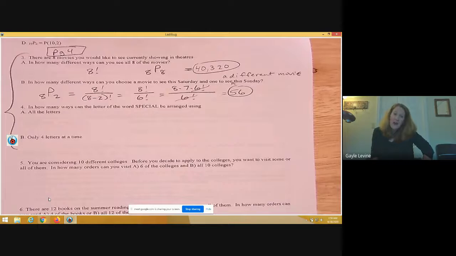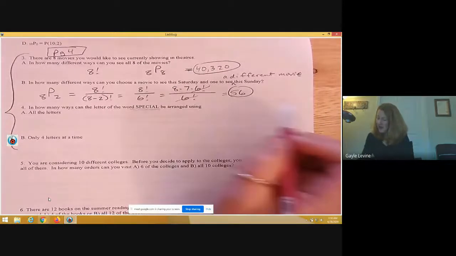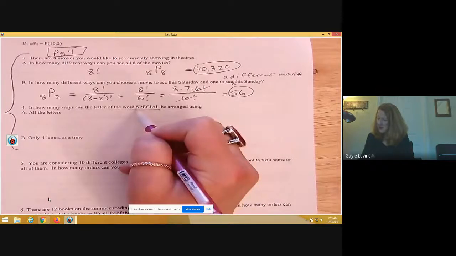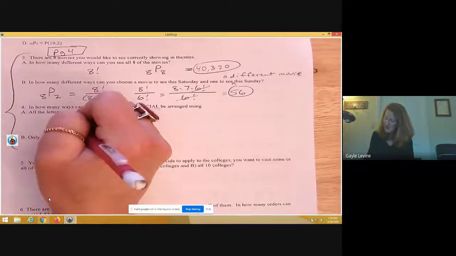For number 4, in how many ways can the letters of the word special be arranged using all of the letters, and then only 4 letters at a time? So there are no repeating letters in the word special. Each one is unique. So if you count, I have 1, 2, 3, 4, 5, 6, 7 letters. So that's going to be 7 factorial.